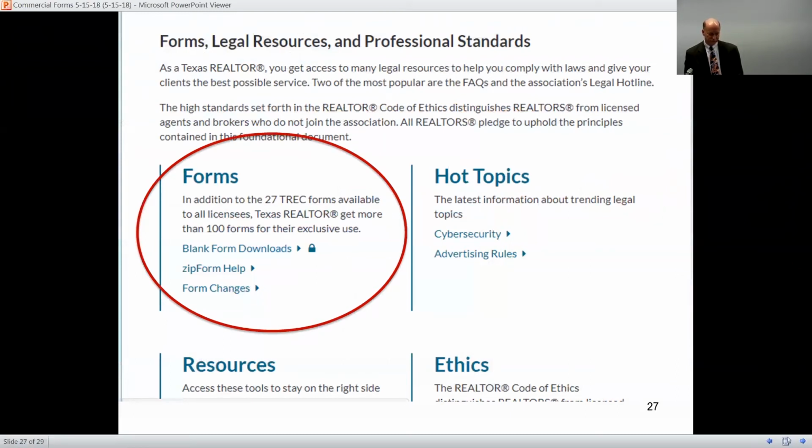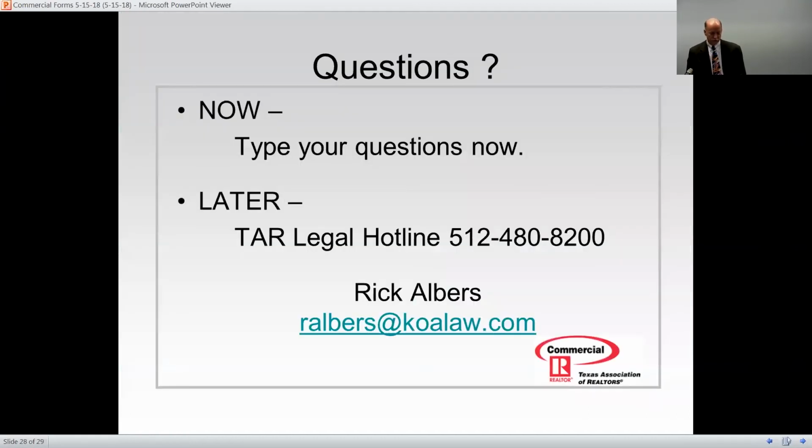The general public can't access that. And then we have zip form help, and form changes will get you to the new forms, and a red line very similar to the ones that I just used. Actually, I used the ones from this website. So you can see what the changes were on the most recent forms that have been produced. And at that point, I'm going to stop and have a few minutes for questions.